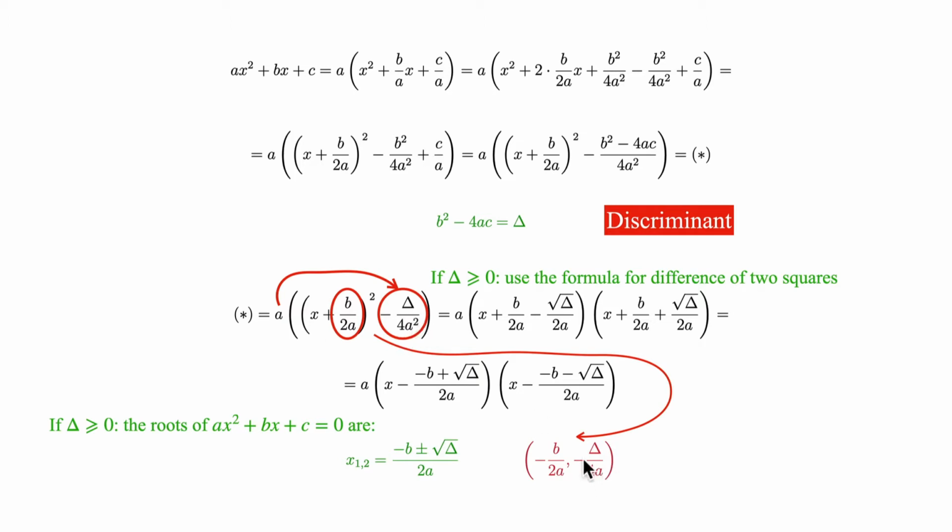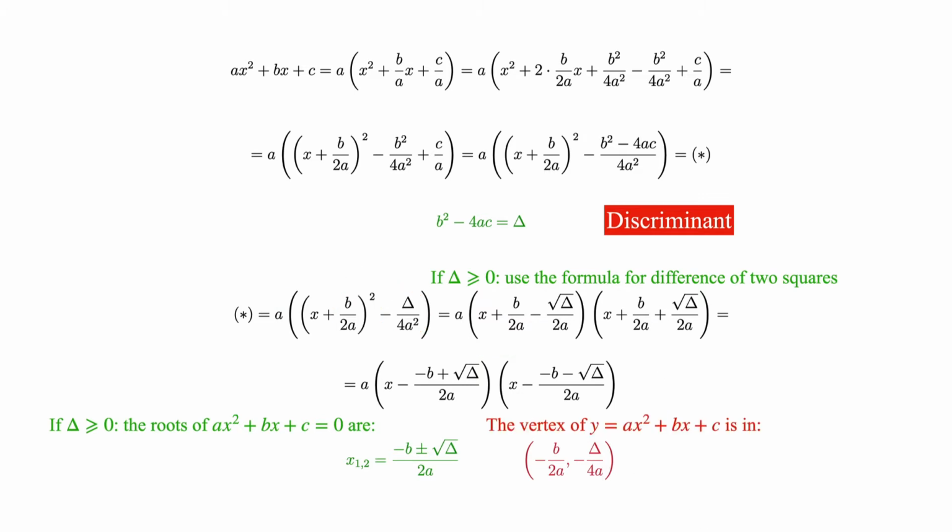This square disappears. Okay, so now you know that with help of completing the square and with help of this formula for the difference of two squares, you can both solve such a quadratic equation and find the vertex of the parabola. So really completing the square is a very, very nice thing to be able to perform.